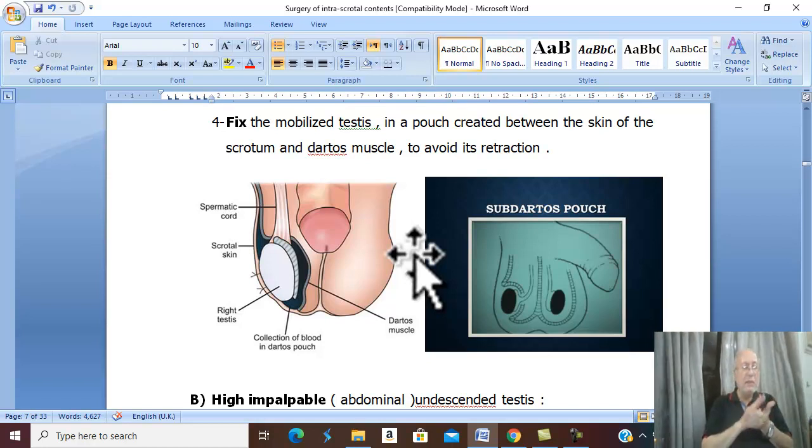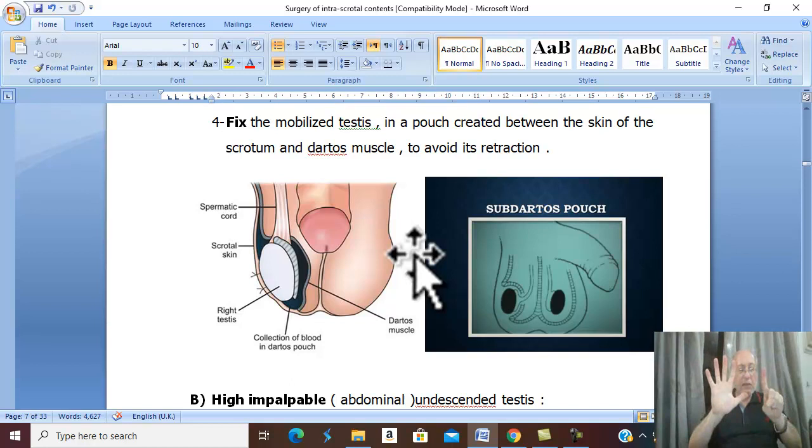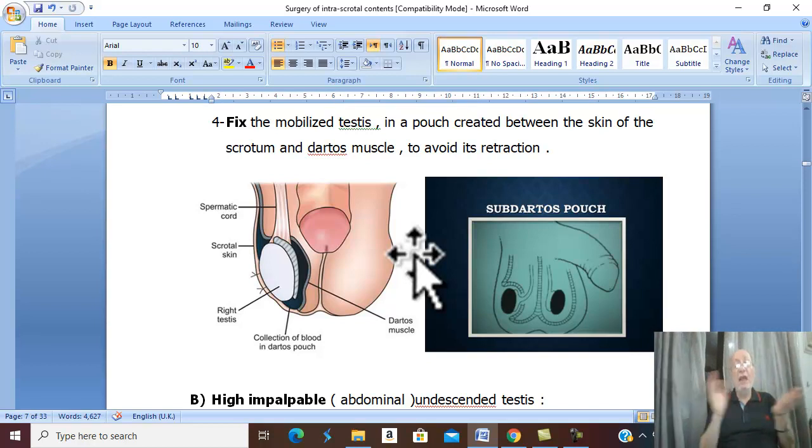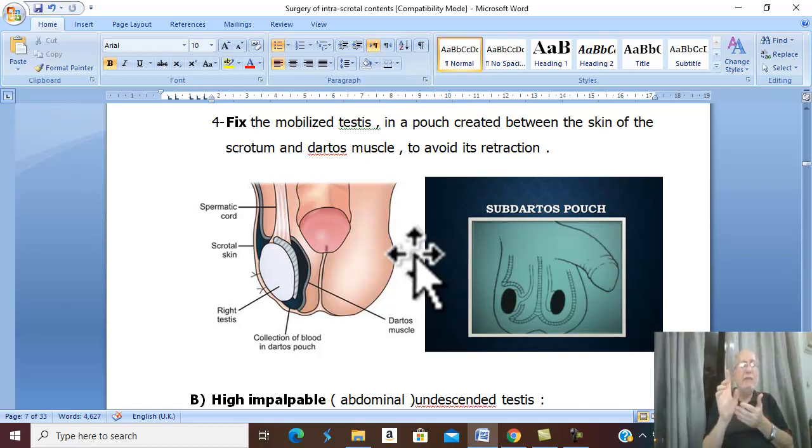undescended testis, the best is to tell the mother we should wait for 6 months and just follow up the patient, because during the first 6 months spontaneous descent of the testis may occur, and this is expected in low palpable testis.